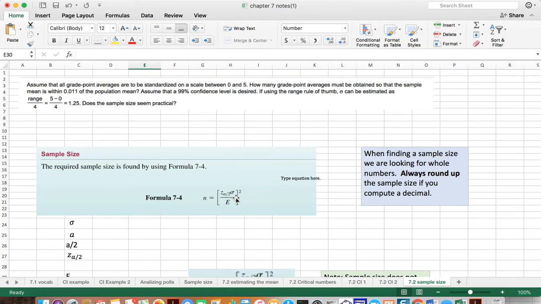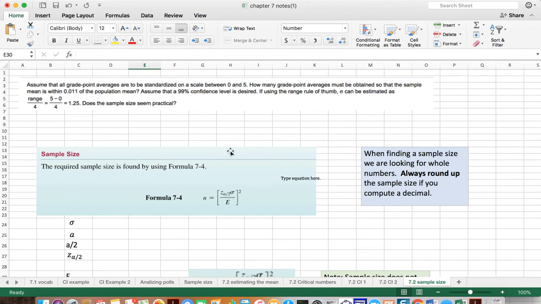Now we know we use the t-distribution because that sample standard deviation and that population standard deviation is hardly ever known. But we do have the range rule of thumb to estimate the population standard deviation. That is, take your range and divide by 4.